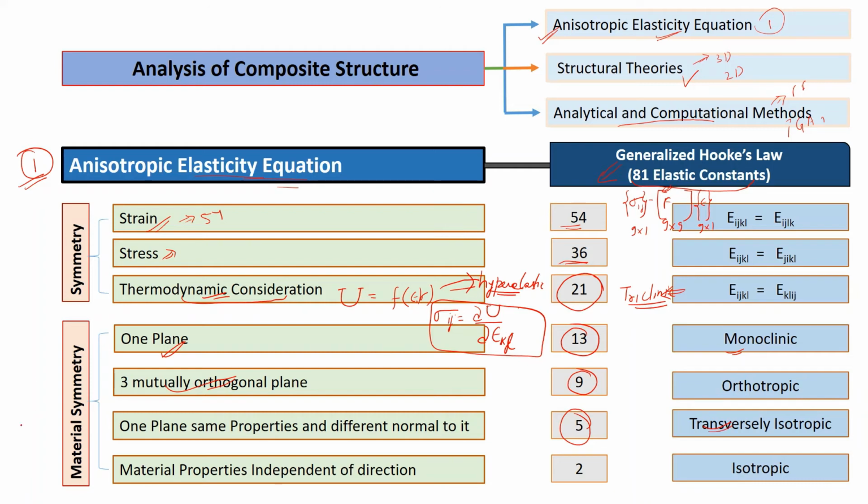And when the material property is independent of direction, meaning every direction has the same properties, the elastic constants reduce to 2. This is called an isotropic material. So we have studied anisotropy in detail here.